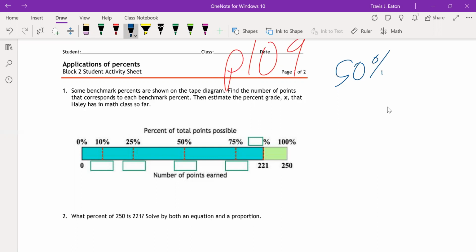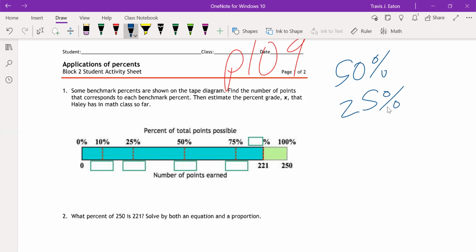Because 50% is half of something. If you know what the whole is, you can pretty much anytime figure out what the half is. Then the cool thing about that is if you know what half is, then you can probably figure out what half of half is. And half of half would be 25%, right? Because that's half of the half.